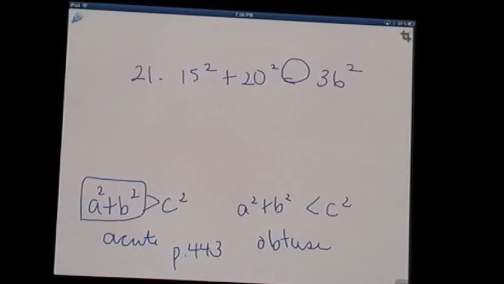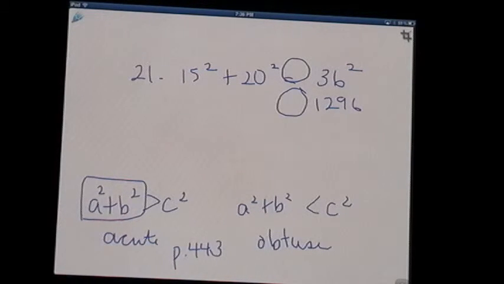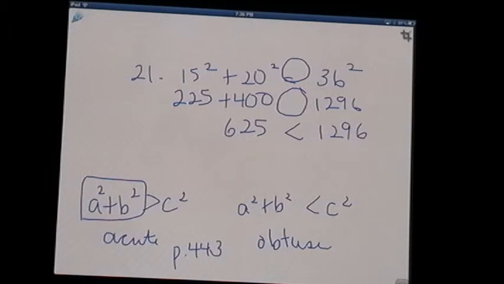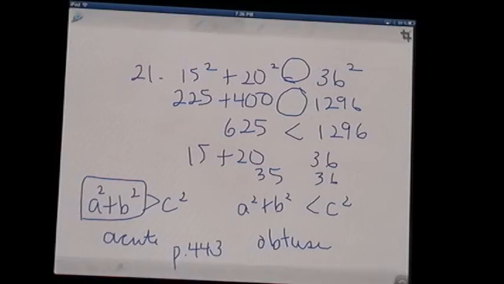So 36 squared is 1296. 20 squared is 400. 15 squared is 225. So this is 625, which is way less than 1296. This doesn't even make a triangle. 15 plus 20 is not long enough to make a triangle. That's 35. So it's not even going to reach. So that's not even a triangle.